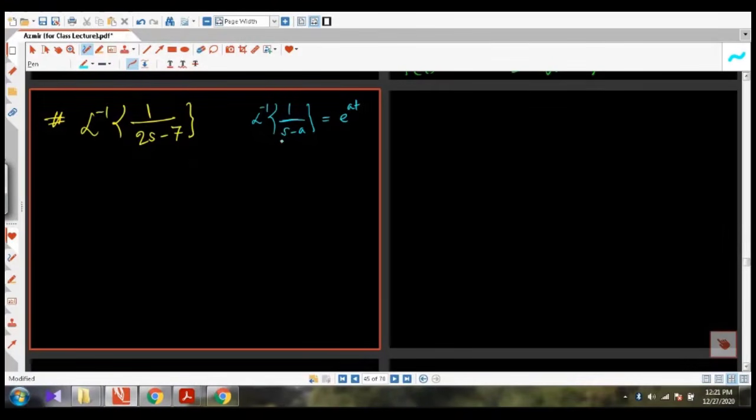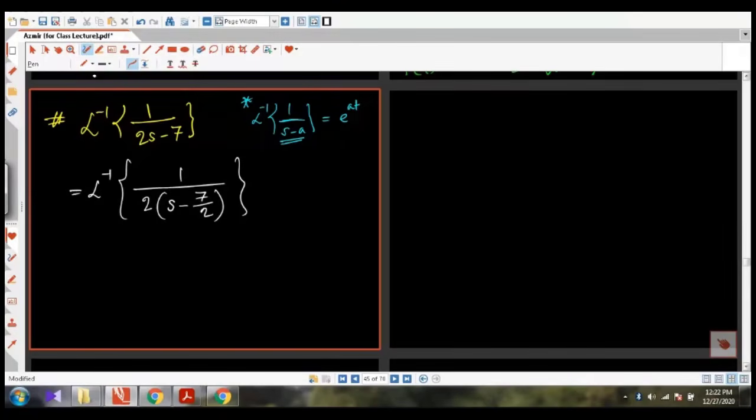So have a look here. In the main formula, we have just s, not 2s. So we have to rearrange the given question. We can take the factor 2 out so that it looks like s minus a.